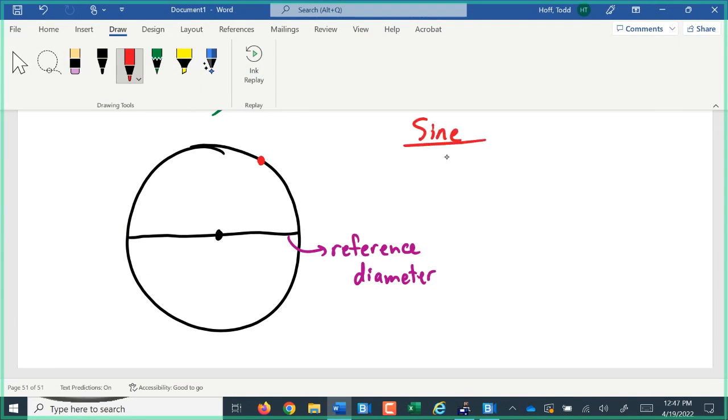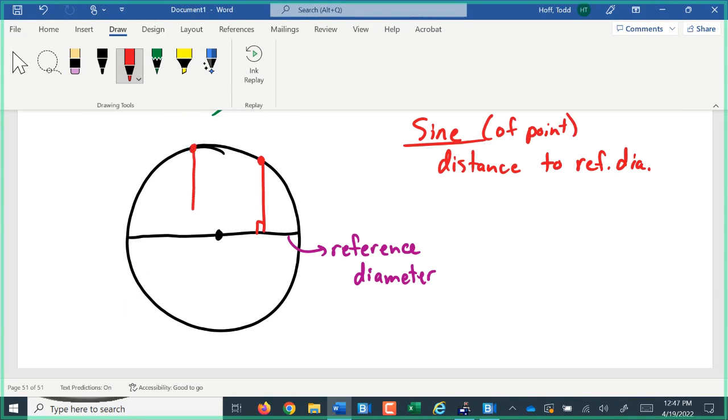The sine of a point is the distance from that point to the reference diameter. So the sine of this point is that distance. Of course, remember that distance is measured at a right angle. Distance from a point to a line is always measured at a right angle.